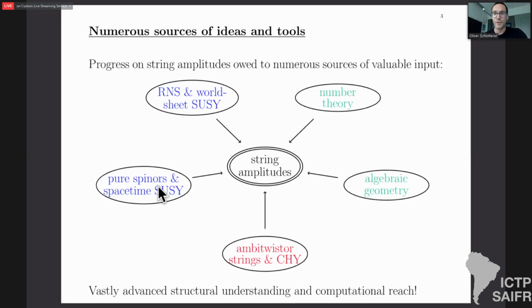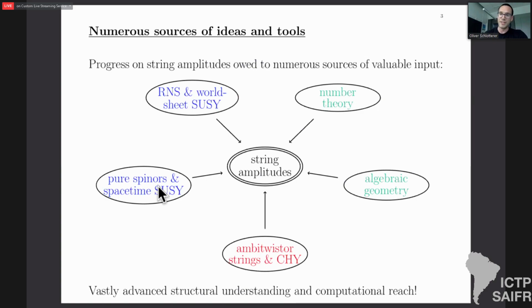But most of all, this is a moment to say thank you in various directions. It's a really fortunate time to work on string amplitudes because we had support from so many different directions. There's first of all in the string theory literature an enormous support, say from the foundations of the Ramond-Neveu-Schwarz or the pure spinor formulation of the worldsheet model.